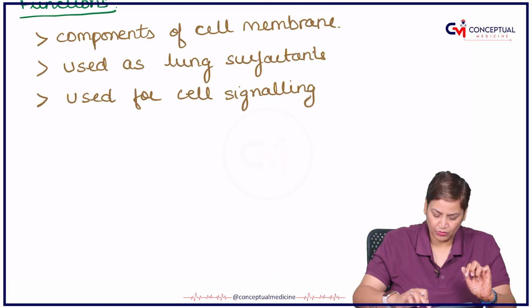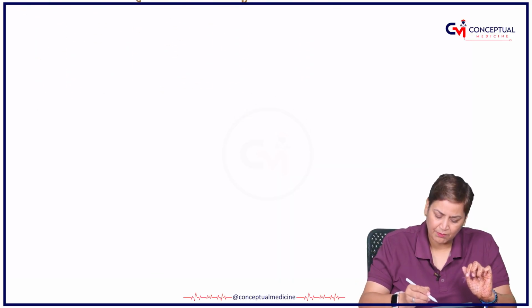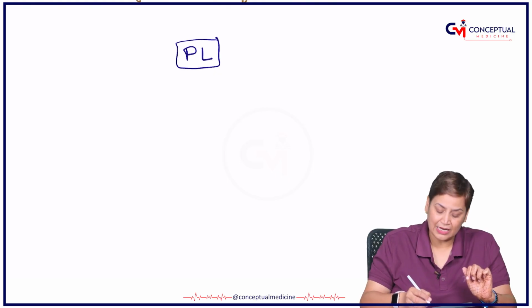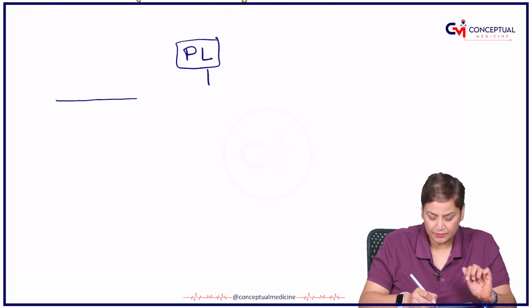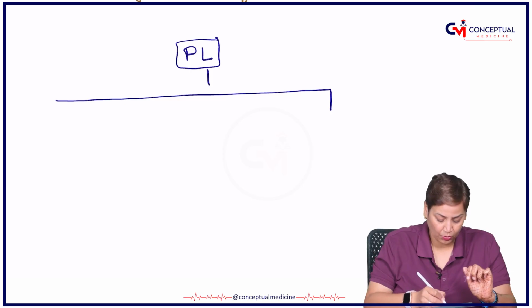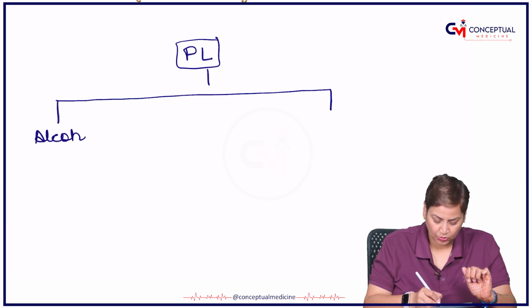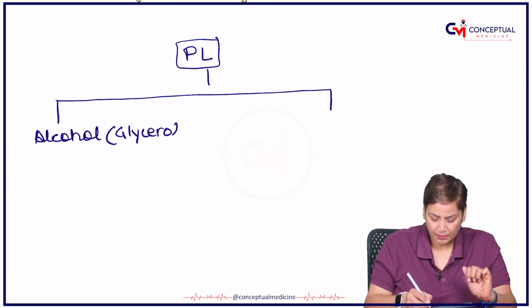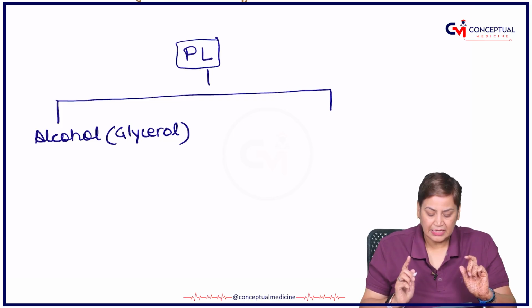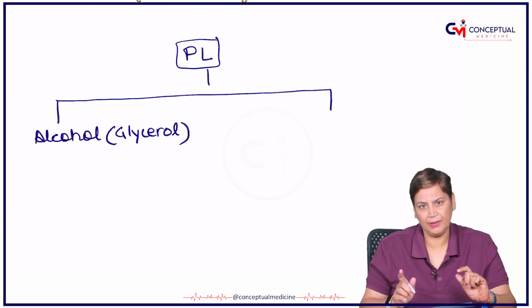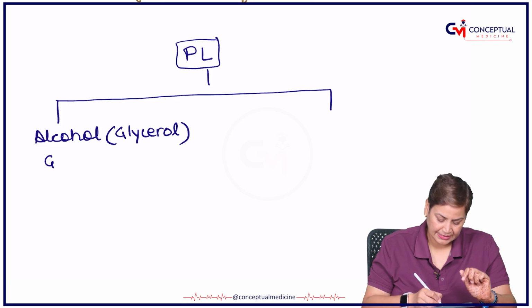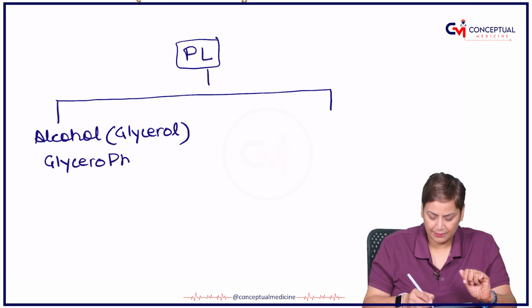This is a very, very important part: if the alcohol is glycerol, what I mentioned just now, they will be known as glycerophospholipids.